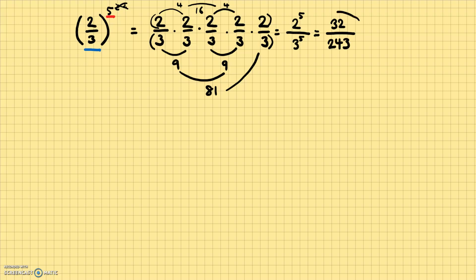Okay, so you can find exponents of fractions like this. And again, another way to do this is just simply distribute the exponent to both the numerator and the denominator, and you'll get this, and evaluate them separately. Okay, so that's how you can find exponent of a fraction.